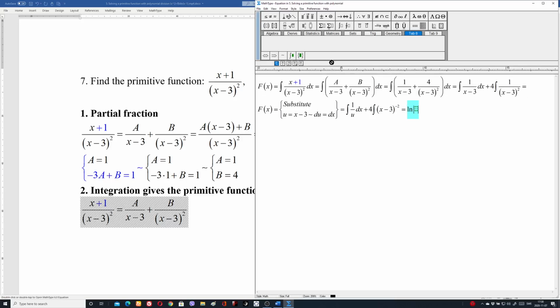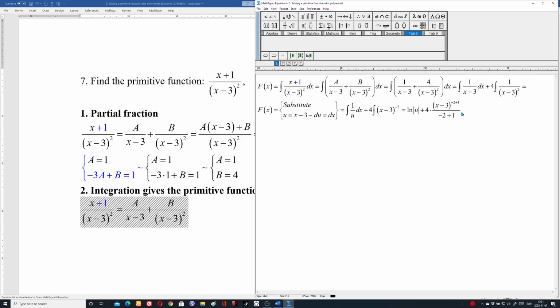So I have this one now, u, and after that we have a plus 4 multiplied again by x minus 3 power minus 2 plus 1, and this one here goes down here, and so we have just one inner derivative, which is 1.